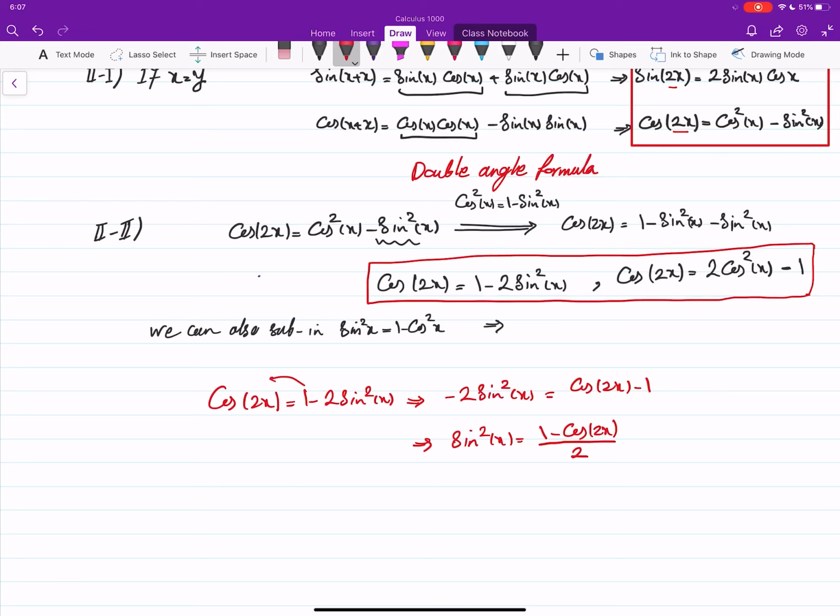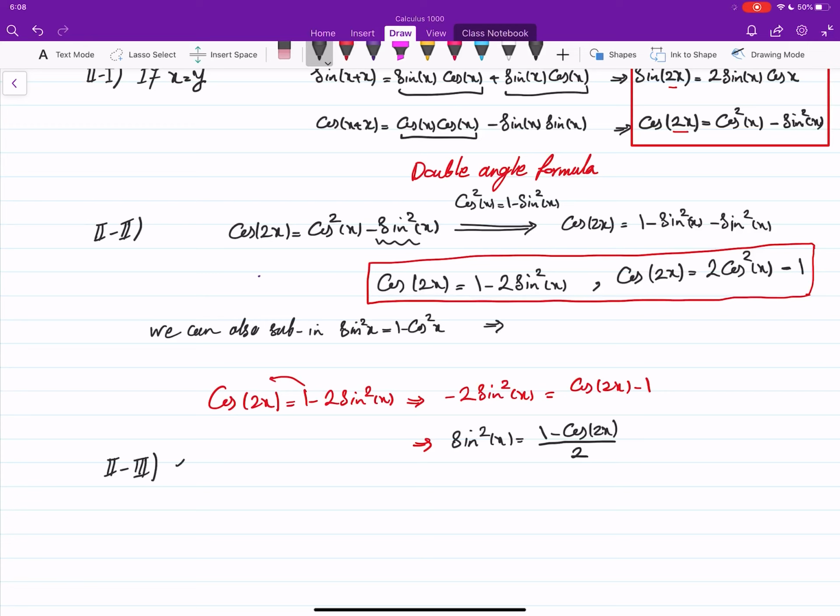And this formula says that I can write sine squared x in terms of cosine 2x. Using this formula, we can basically find sine of half angle. That's why this is another version.